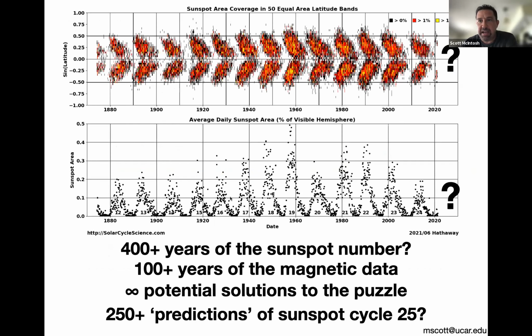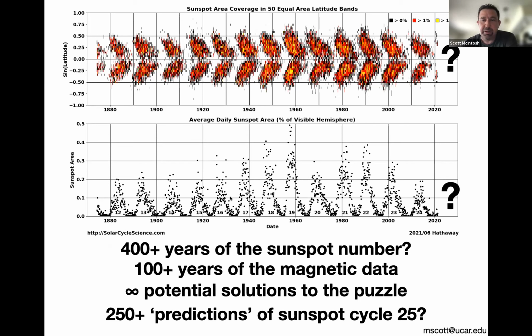Just to recap and think a little more with question marks: there are 400 plus years of sunspot numbers, 100 plus years of magnetic data. There are potentially infinite solutions to the puzzle of understanding the sun's internal workings because we can't directly observe it.